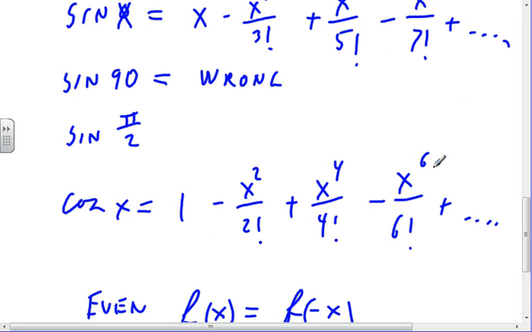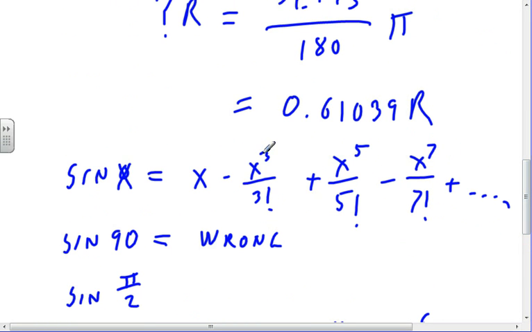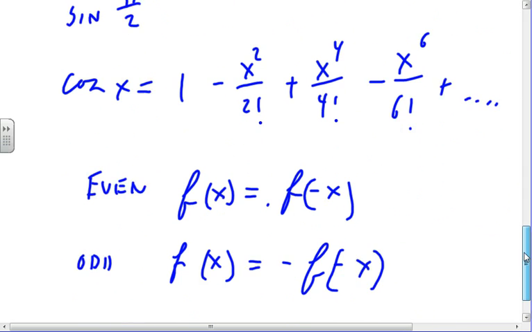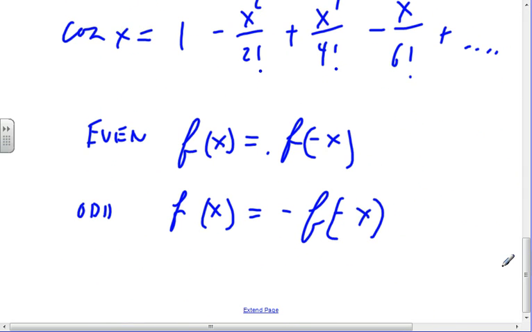If I square, or I take the 4th power, the 6th power, or the 2,956th power of something, I get an even function, right? If I look at the sine function, all the terms are odd. So part of that definition, where we get our definition of even and odd, comes from these series approximations, where in fact the series approximation is even and odd. Okay, so the circular logic wraps around back upon itself at that point.